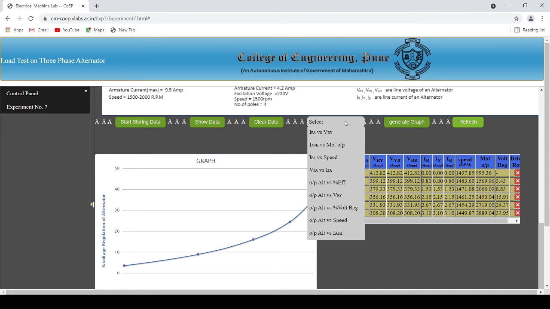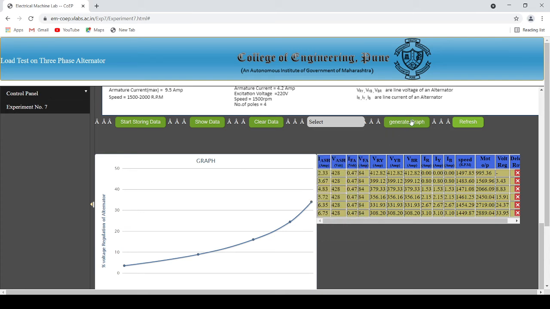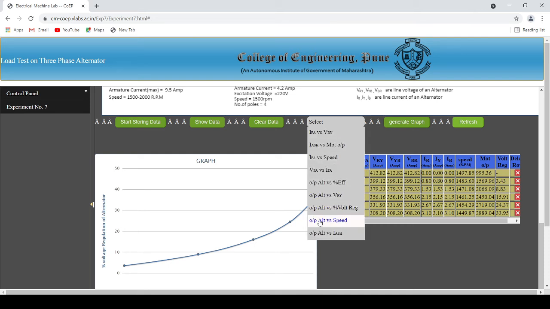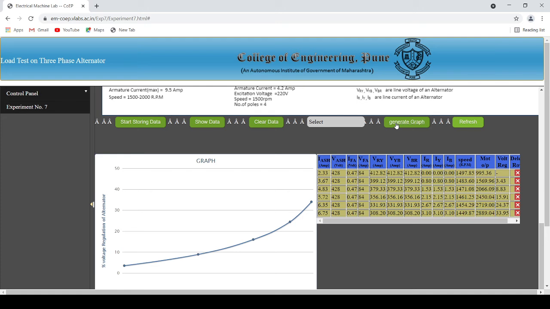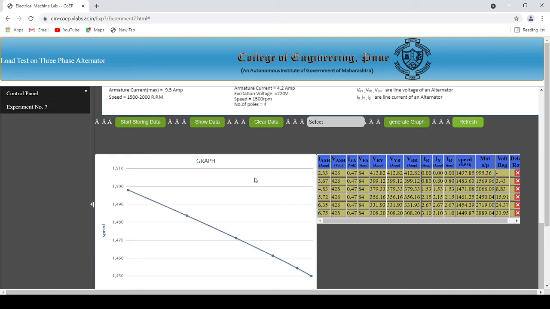And another one, output with speed, can be performed. Yeah, this is the output versus speed. First we set the 1500, which due to increasing of armature voltage to 415 became 1498.